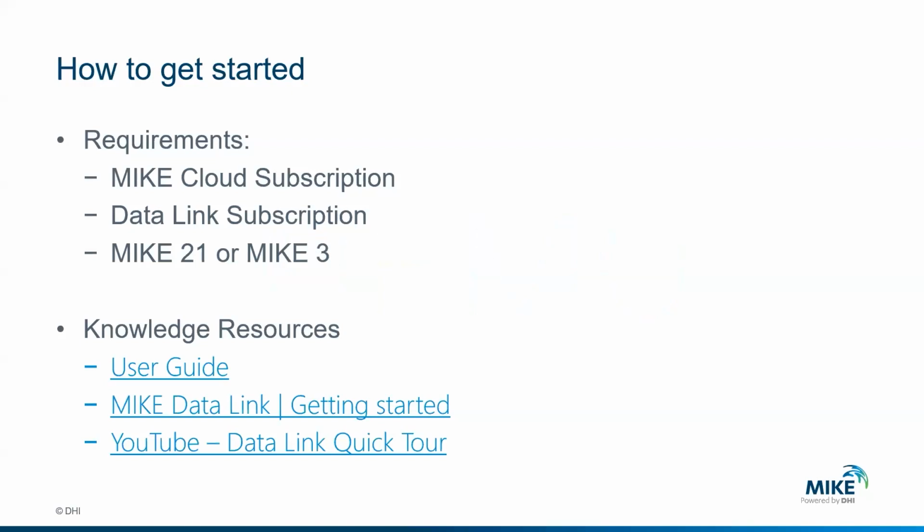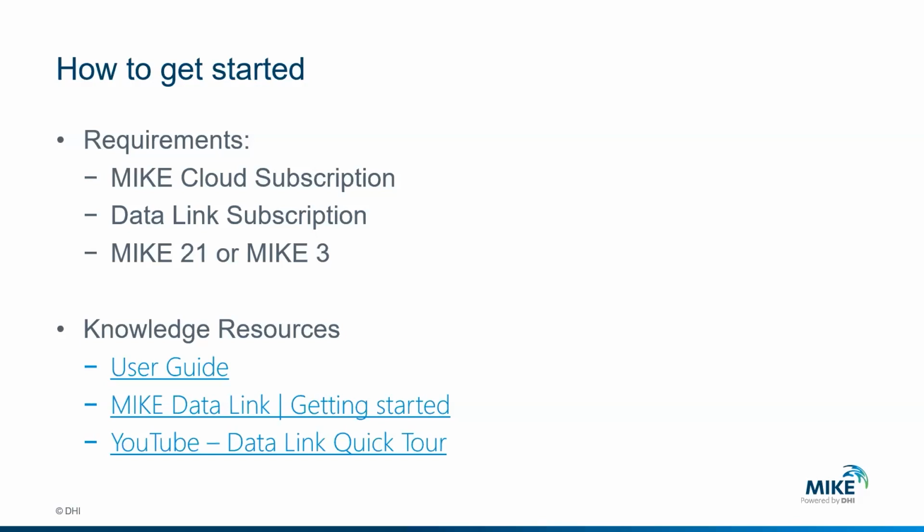The obvious requirement is that you will need Mike 21 or Mike 3 to make best use of the Data Link product. You will also need a Mike Cloud subscription. These are company subscriptions, but you can add users to them.